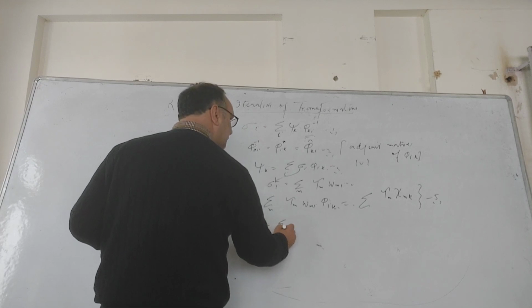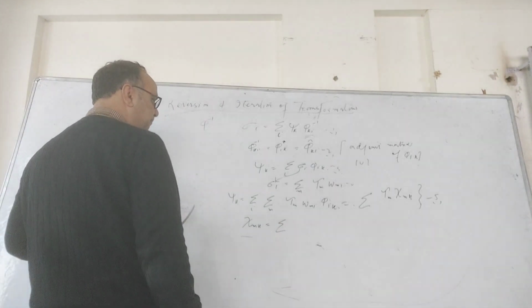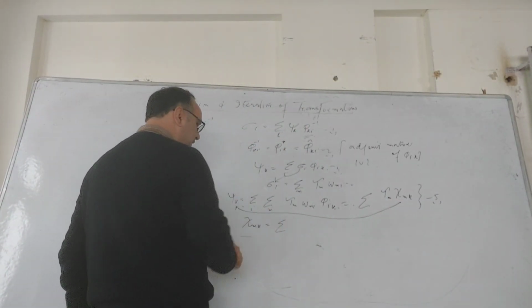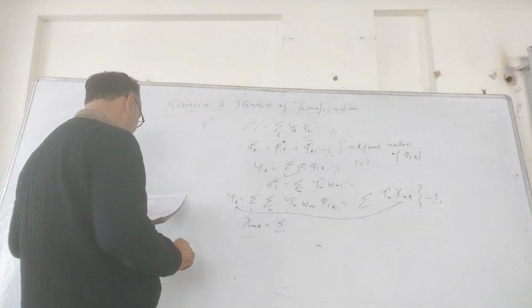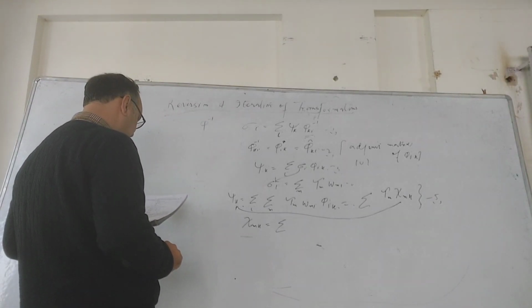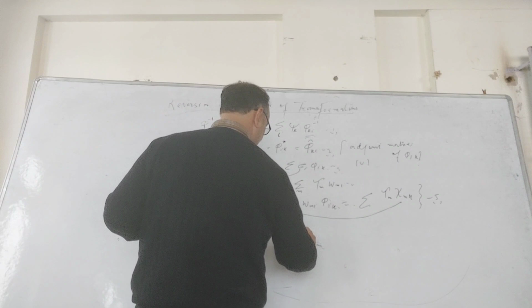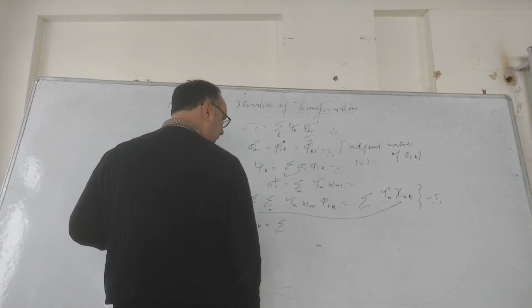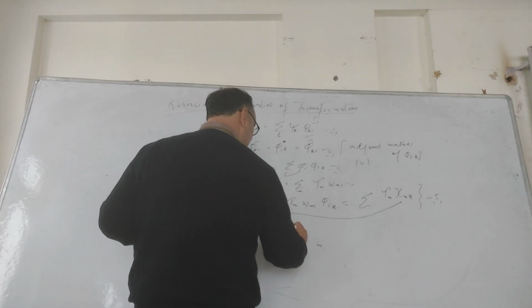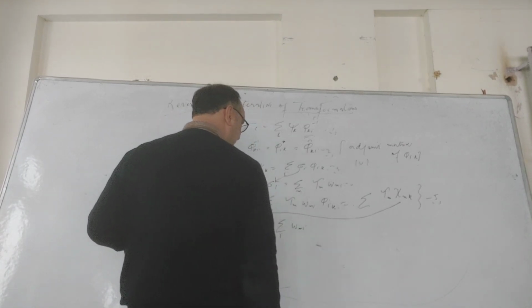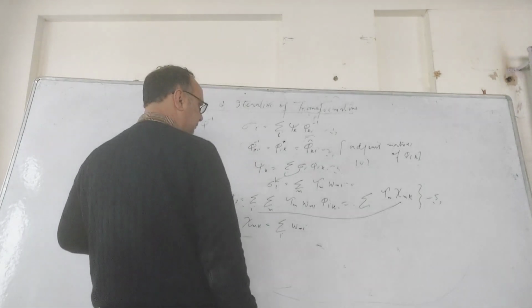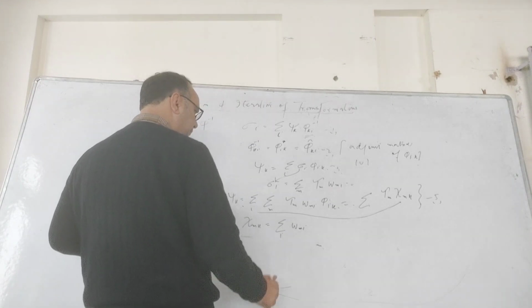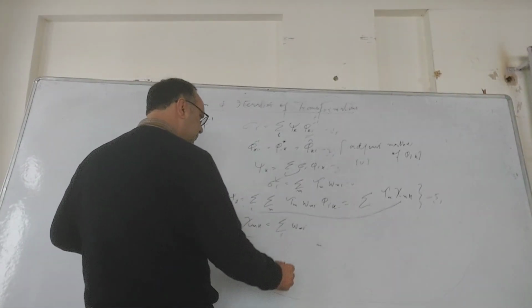And chi of mk, if we want to write it in terms of sigma, is equivalent to the sum over i of omega mi phi i k.